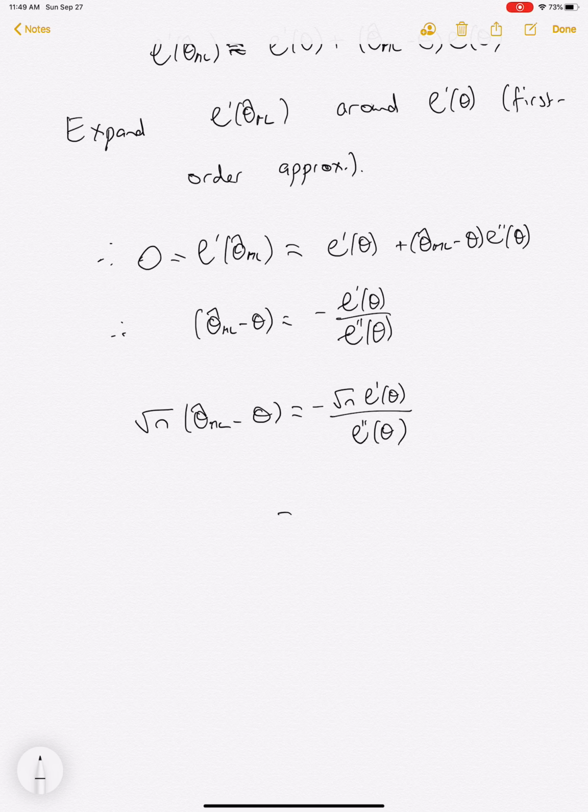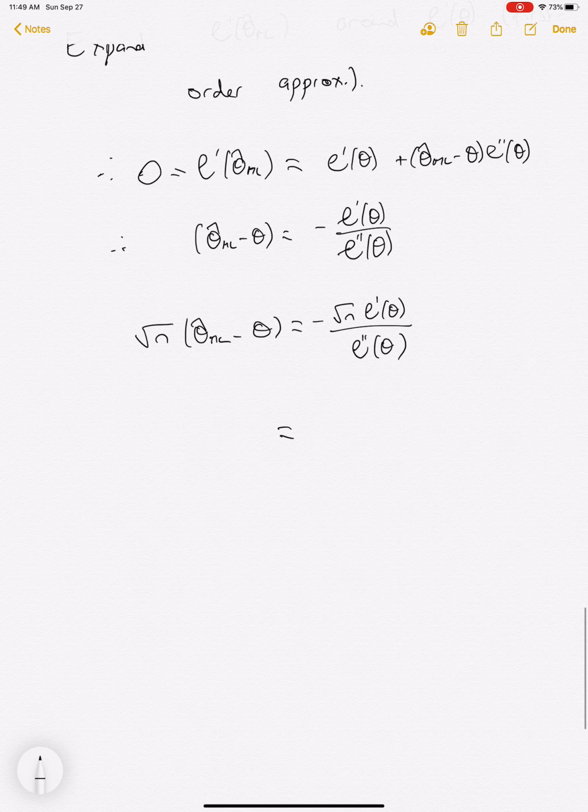Okay, and for scaling reasons, I'm just going to re-express this, putting the negative on the denominator.